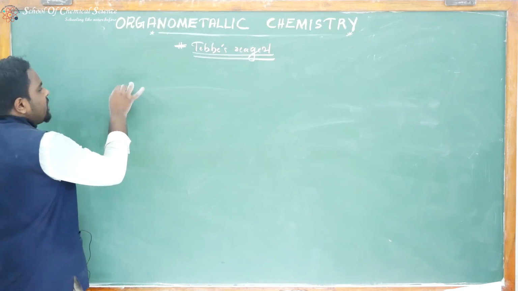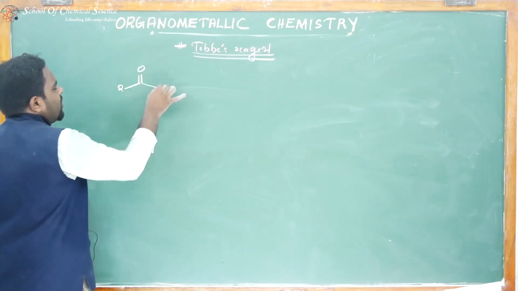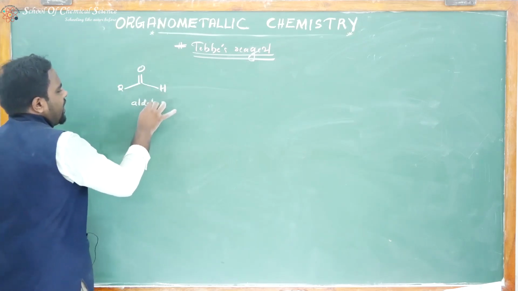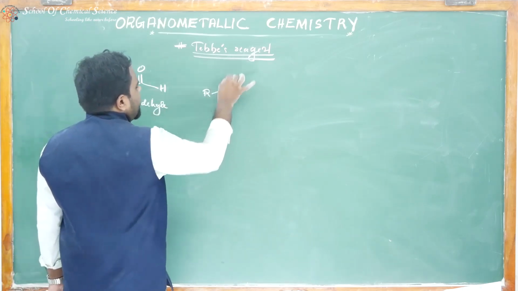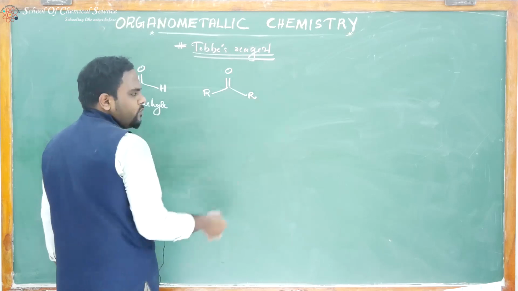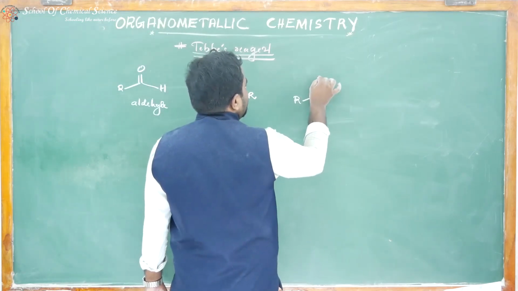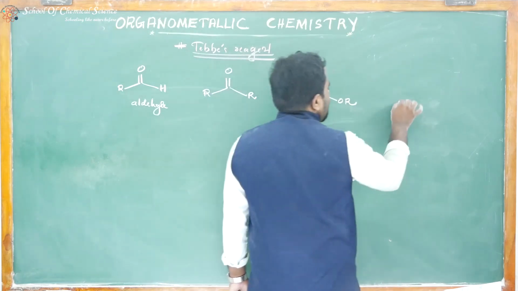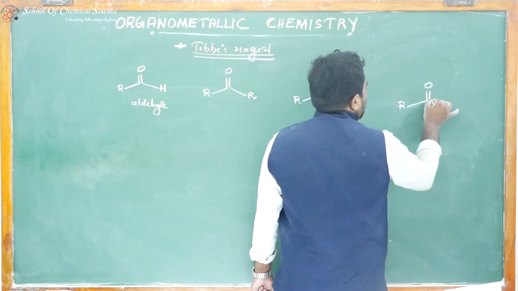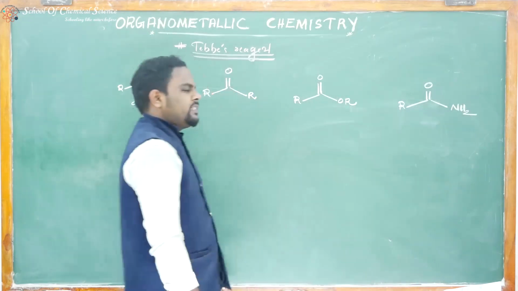The reactant species are an aldehyde, RC(=O)H, an aldehyde. Then ketone, RC(=O)R, ketone will react. Then RC(=O)OR, ester will react. And RC(=O)NH2, amide will react.